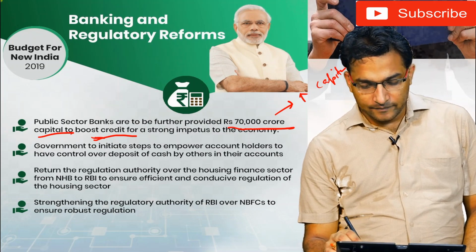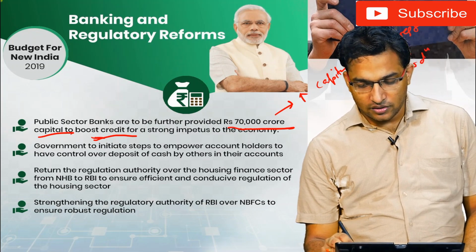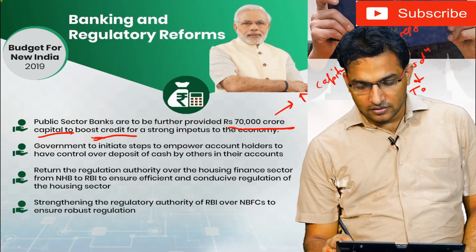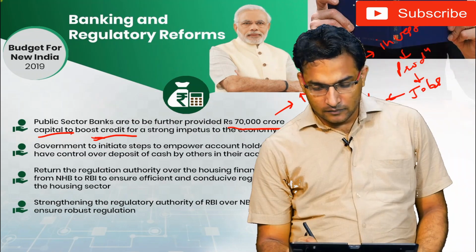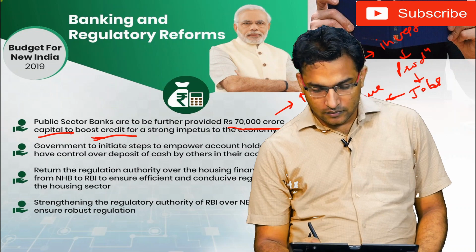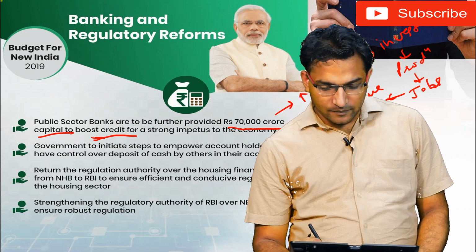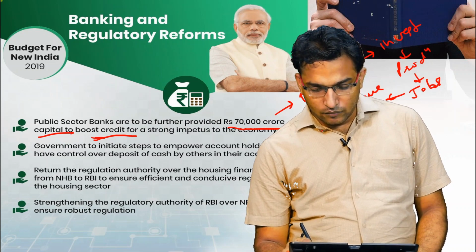Capital will increase the investment. This investment will increase the production. This production will increase the jobs, and these jobs will increase the income. Income will decrease the poverty. When the people's poverty is reduced, they will demand more goods.